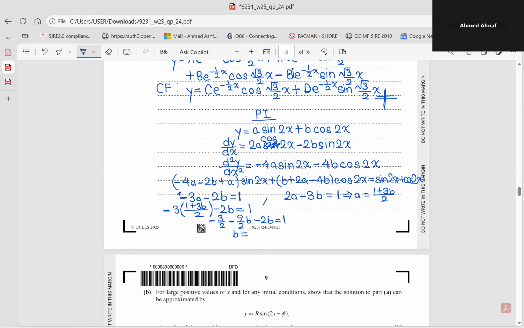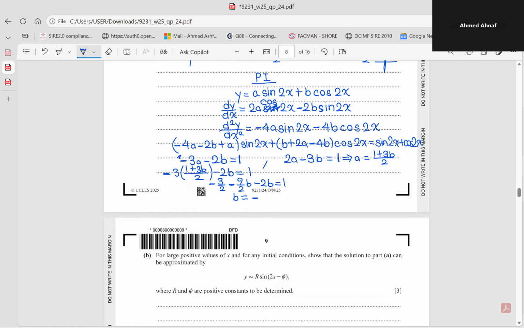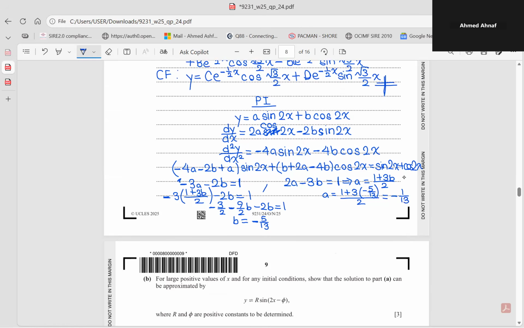So 1 plus 3 over 2, divided by negative 13 over 2. b is going to be minus 5 over 13. And a is going to be 1 plus 3 times negative 5 over 13, over 2, which equals 1 plus 3 times 5 over 13 divided by 2, giving minus 1 over 13.